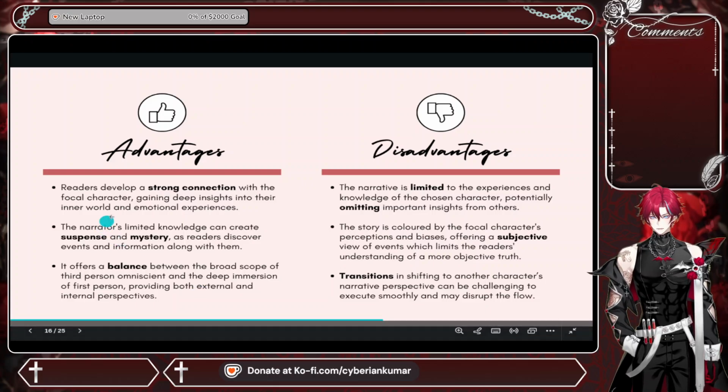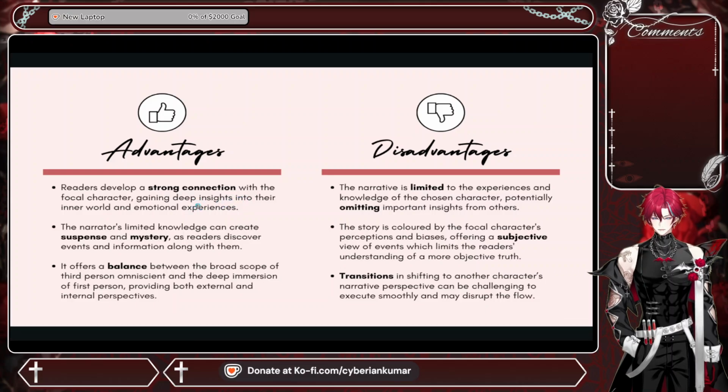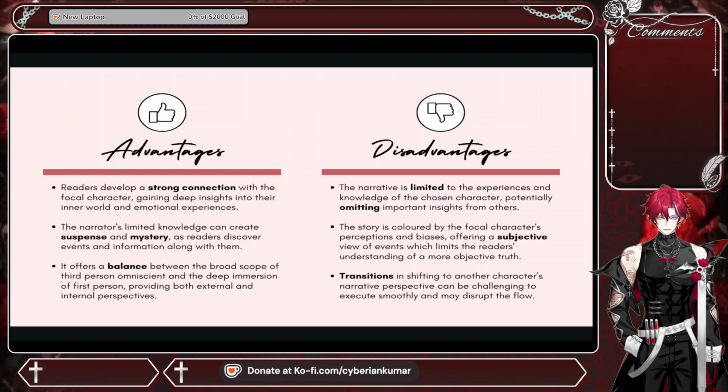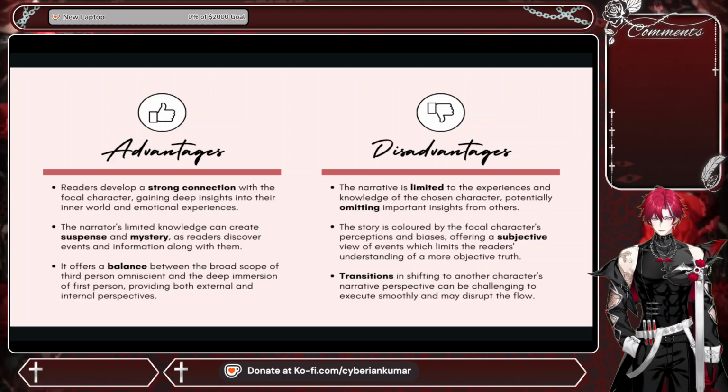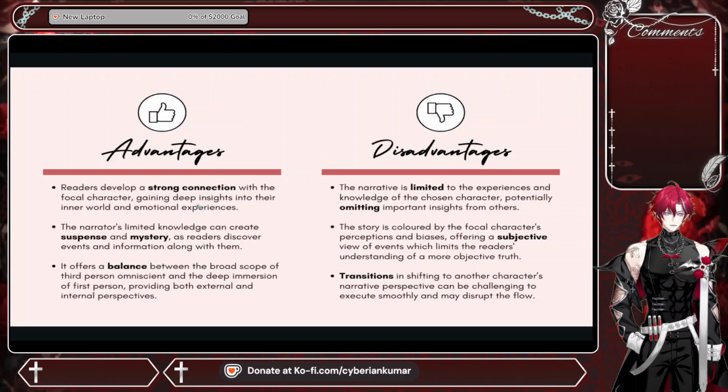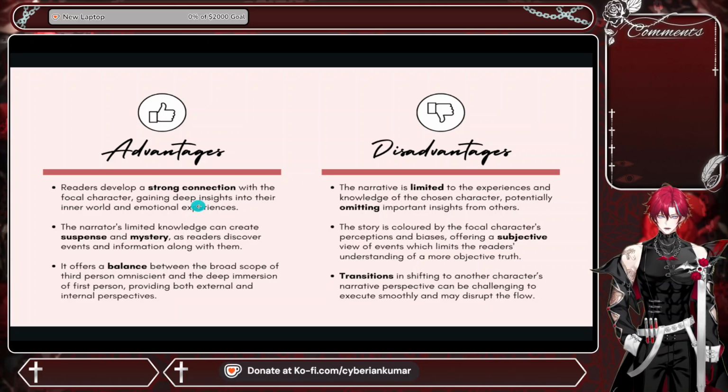The reader or the player develops a strong connection with the focal character. Whichever character you choose for the time being to show the point of view, the reader develops a very strong connection with it, and it gives a deep insight into the inner world and emotional experiences.